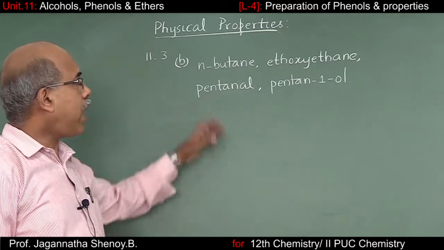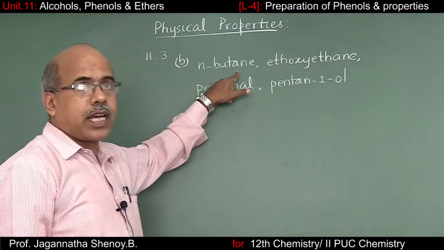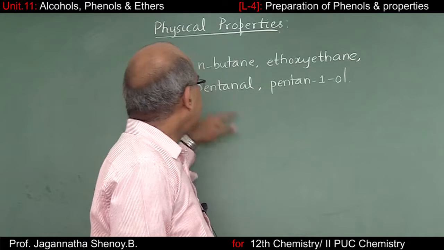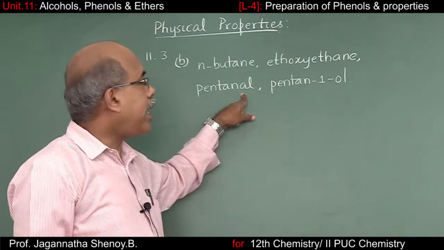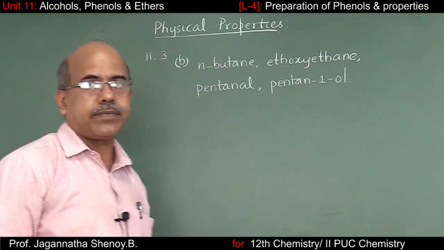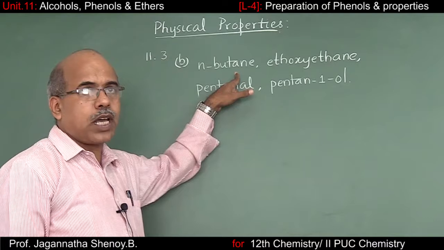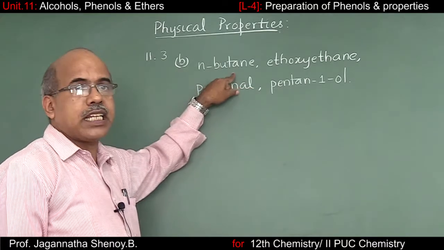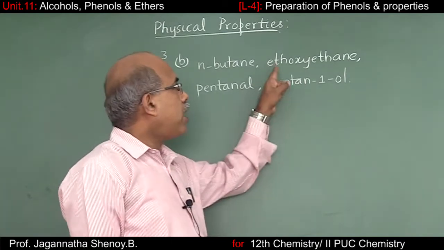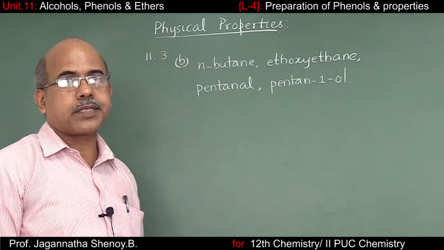In the second case, they have given altogether different functional groups. N-butane is a hydrocarbon, ethoxyethane is an ether, pentanal is an aldehyde, pentane 1-ol is an alcohol. In this case, N-butane is perfectly nonpolar and should have the weakest London forces as intermolecular forces of attraction, whereas ethoxyethane and pentanal are polar molecules.